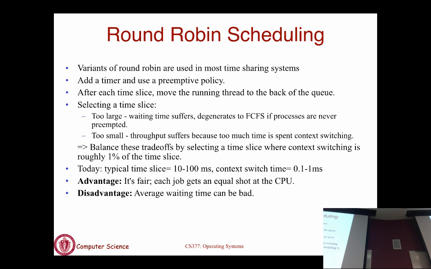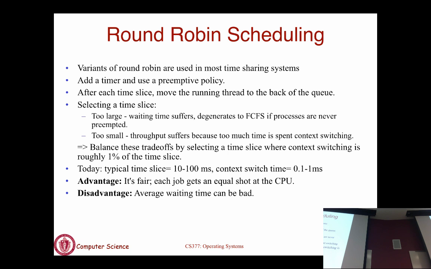So all context switches have some overhead associated with them. And depending on the length of your time slice, the overall overhead will vary. For example, if you make the time slice very small, let's say 1 millisecond, and context switches take 0.1 millisecond to save the state and restore the state of the new process, then you've put a 10% overhead in your system.